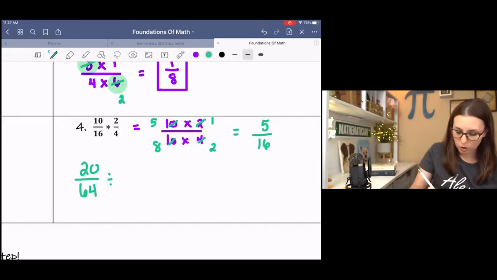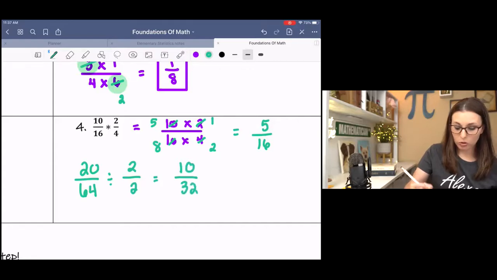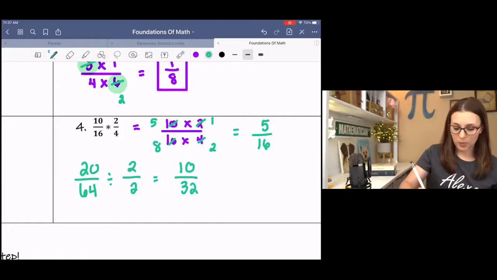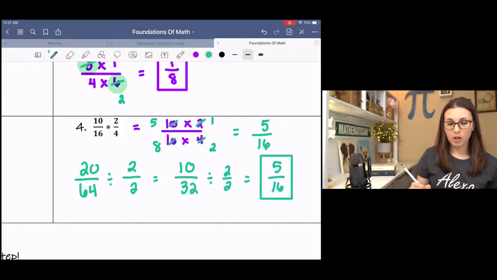If you use a 2, you're going to get 10/32, which reduces again by 2 to get 5/16, and that's where we're done. So you can keep reducing until you can't reduce anymore, or simplifying, whatever.